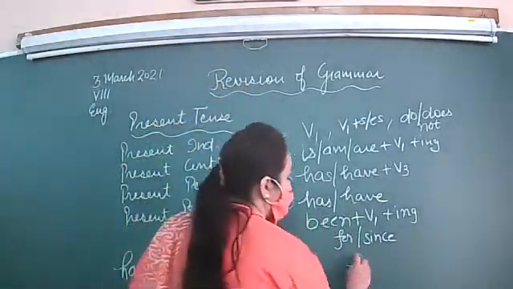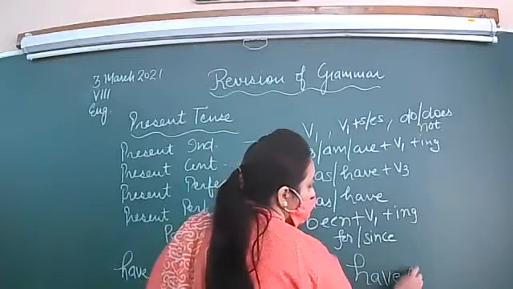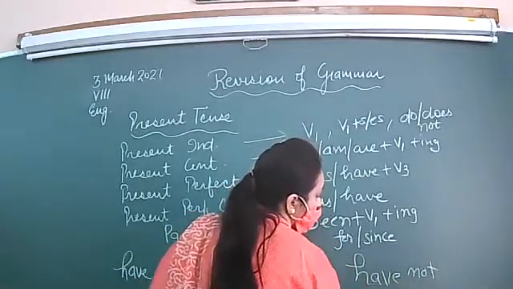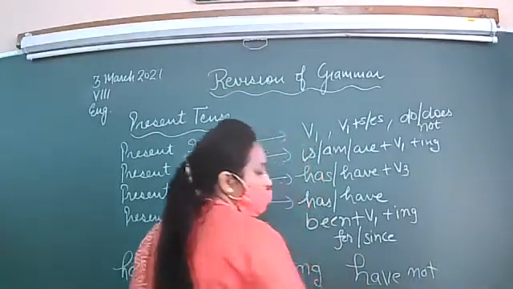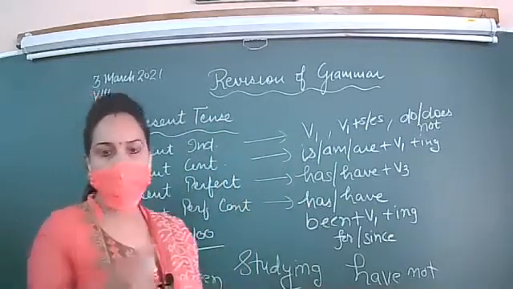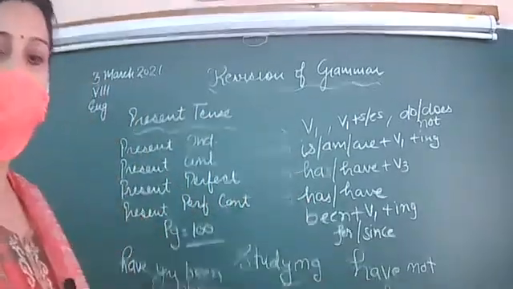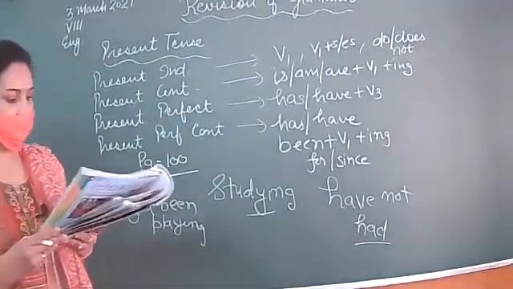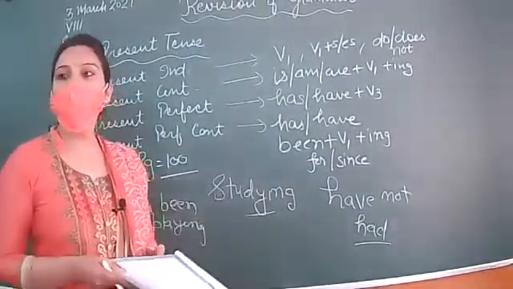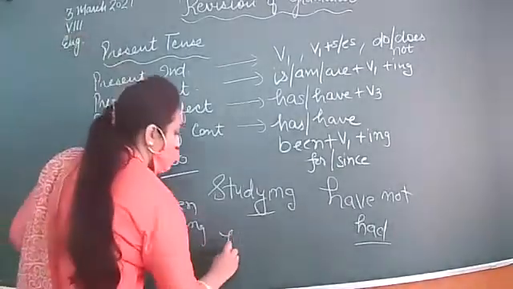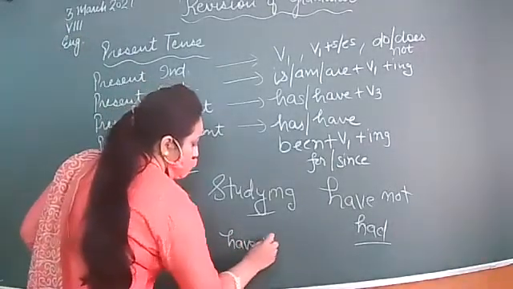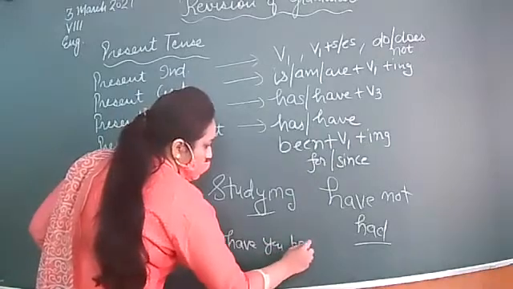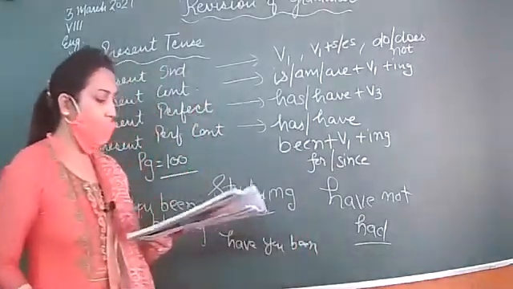I have not had, because have not is used for a tense, but had is used as a main verb. Have has changed into had. So I have not had. Where? Yes, where have you been?